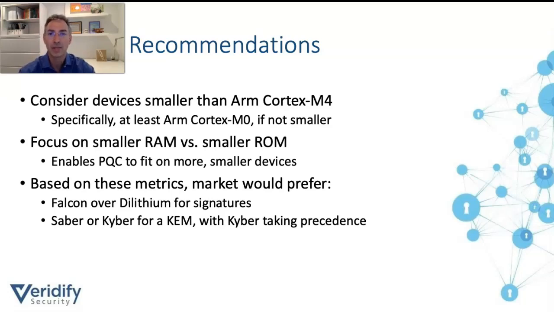Because of the smaller RAM size, I think you'll get Falcon onto many more devices than Dilithium, given Dilithium's greater usage of RAM. In terms of KEMs, both Saber and Kyber fit quite well into all of these devices. But I suggest that Kyber should take a little precedence just because its numbers are a little better. From a numbers point of view, they both could work.